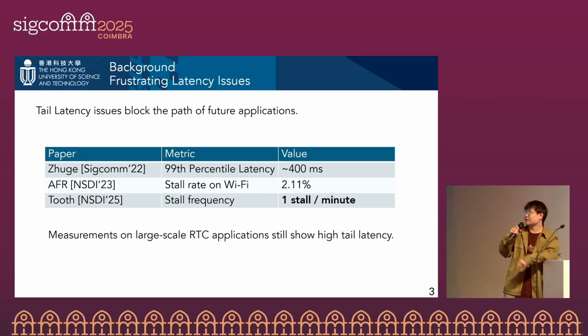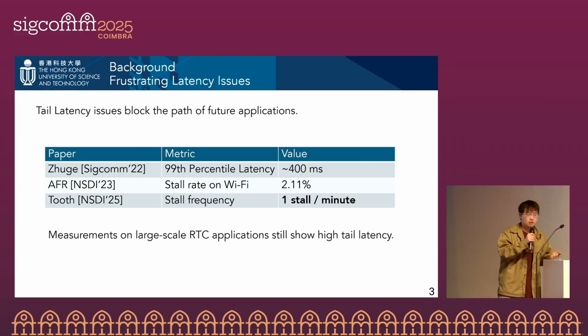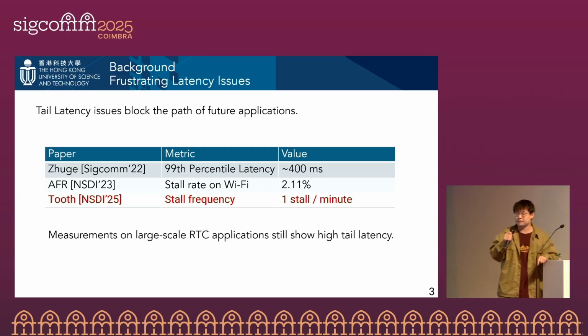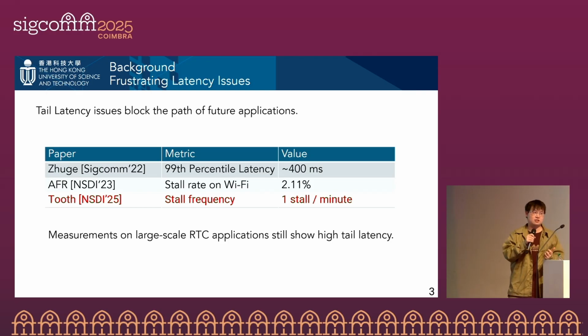Here I list some papers that appeared in recent top-tier conferences. They all have measurements on large-scale RTC applications, and the tail latency values shown in their studies are still very high. For example, this year we have a paper called Tooth in SIGCOMM 25, and the stall frequency reported for its best baseline is still 1 stall event per minute.